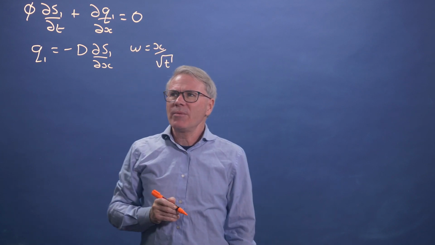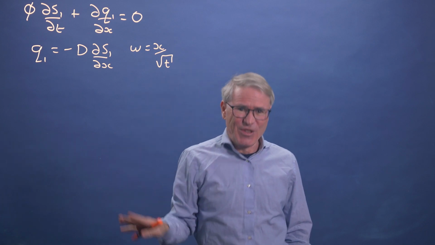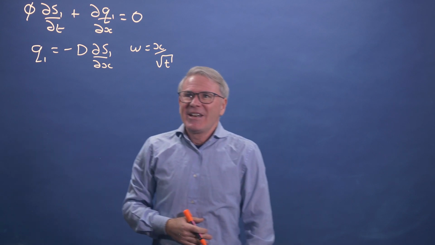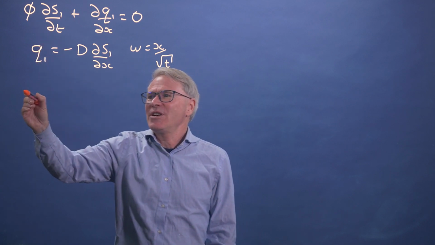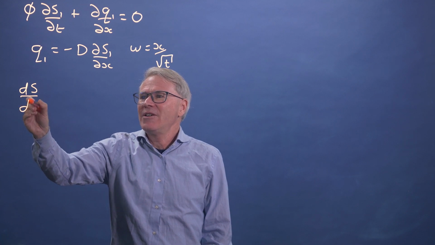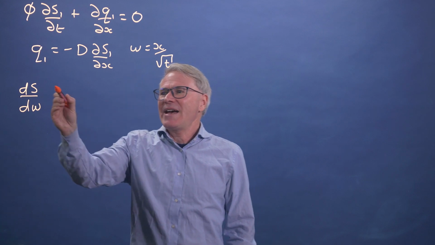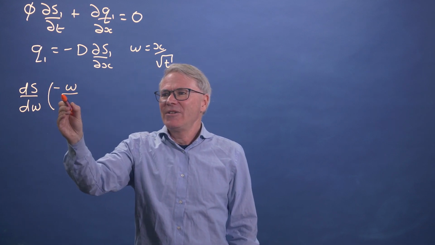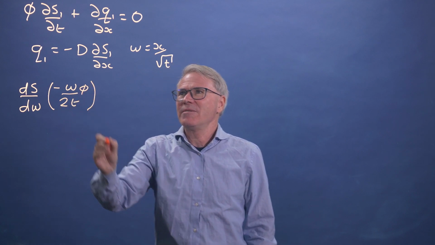So what we're going to do is write the solution as a function of omega. We've already done this, so I'm going to do it reasonably quickly. I don't want people to worry that I've gone through too much. But if we look here, we're going to change this to a dS by d omega here. And when we do this, we're going to have a minus omega over 2t. And then we do have a porosity term.